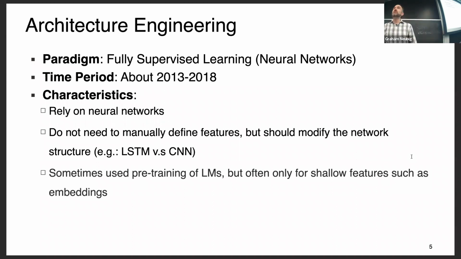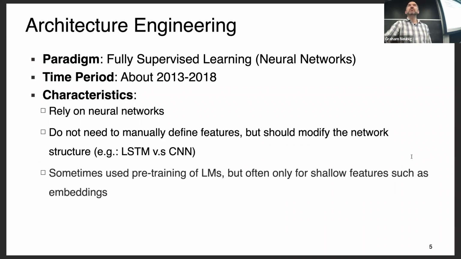We usually don't need to manually define features, so we'd let the neural network learn whether a word is capitalized or not and whether that's an important thing for the model to know. But we would go in and modify the structure. So we might use an LSTM, a convolutional neural network, or a transformer-based model, and that's how we would get our model to learn the things that we want it to learn.